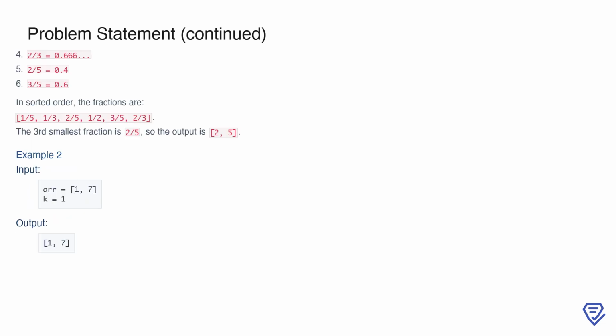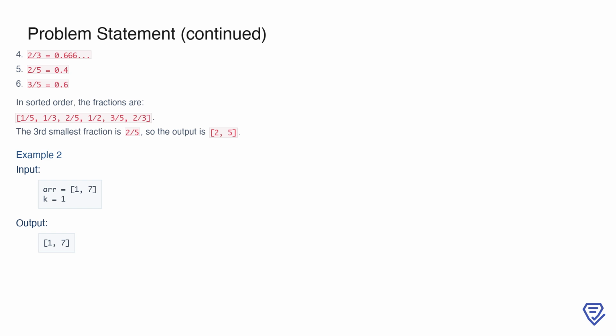Continuing with the example, the complete list of fractions from ARR equals 1, 2, 3, 5 would be 1/2, 1/3, 1/5, 2/3, 2/5, and 3/5. Calculating their decimal values, we get 1/5 equals 0.2, 1/3 equals 0.333, 2/5 equals 0.4, 1/2 equals 0.5, 3/5 equals 0.6, and 2/3 equals 0.666.